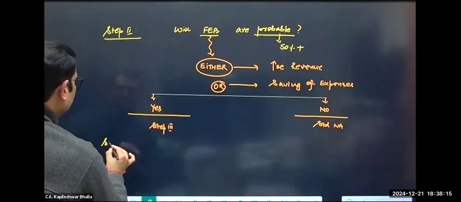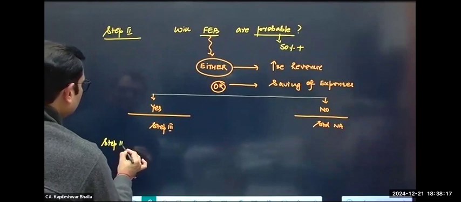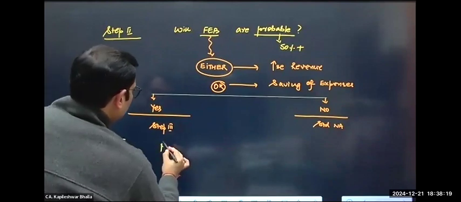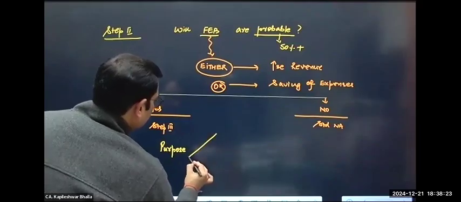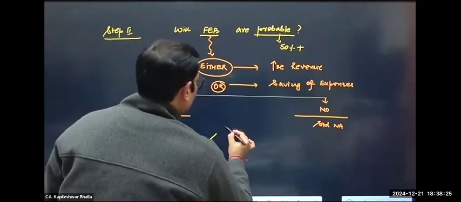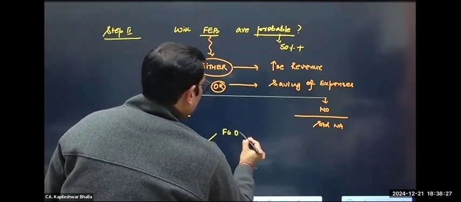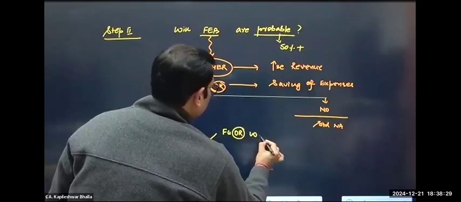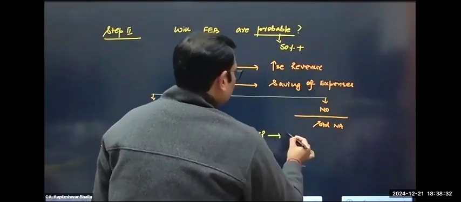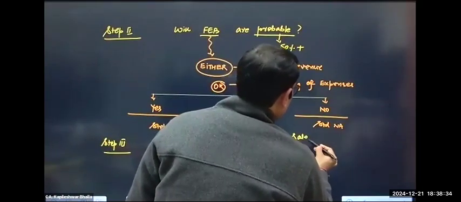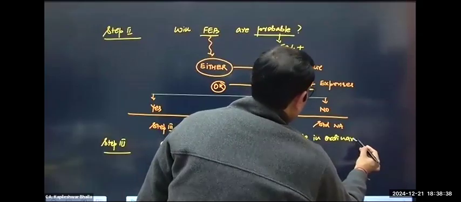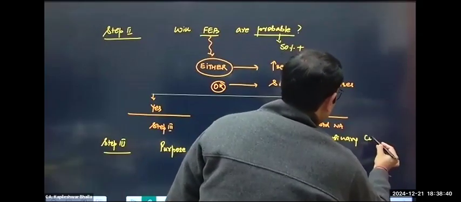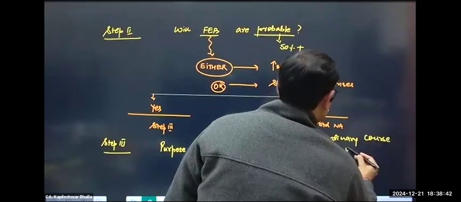And then we go to step number 3, where we need to look at the purpose. Depending upon whether it is finished goods or WIP, the purpose will be sale in the ordinary course of business.